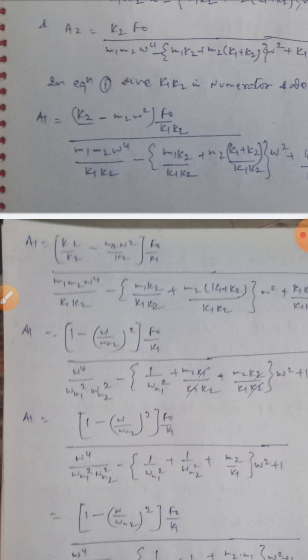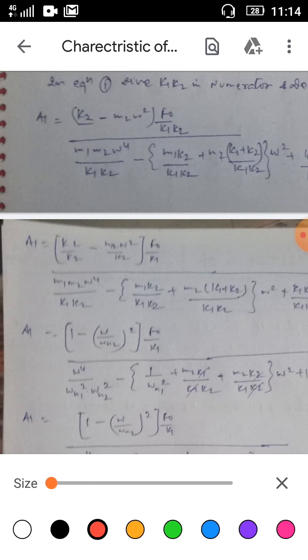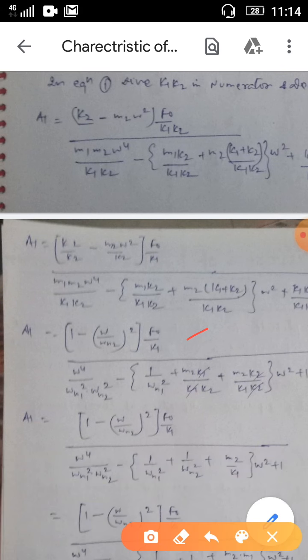1 minus (omega upon omega n2) power 2, and its square, f naught by k1, over omega power 4 upon omega n1 square omega n2 square minus 1 upon omega n square plus m2 k1 upon k1 k2 plus m2 k2 upon k1 k2 omega square plus 1.